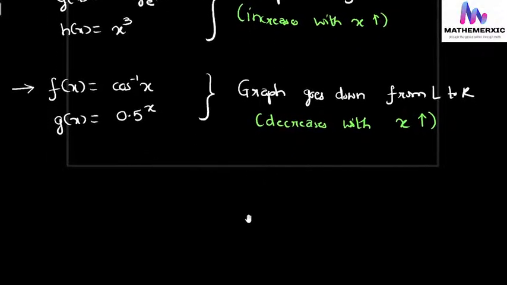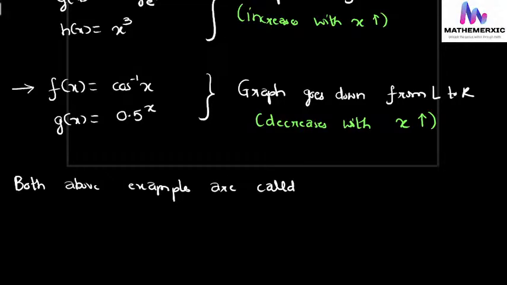Okay, now these above functions will be called monotonic. Both of the above examples are called monotonic functions, because they perform a particular behavior.